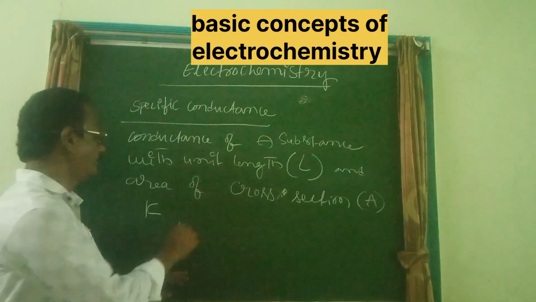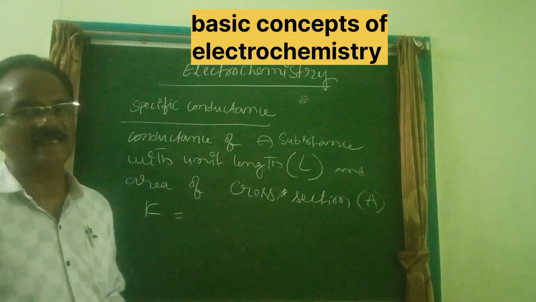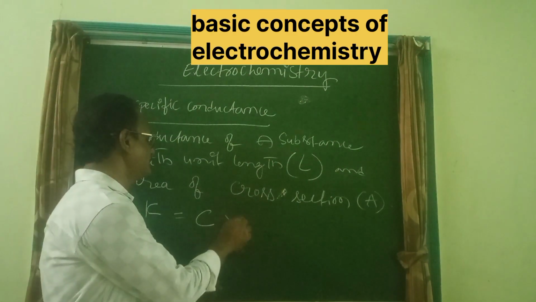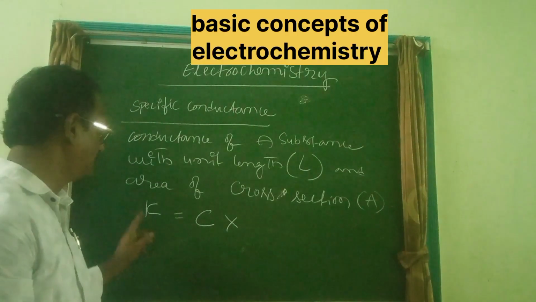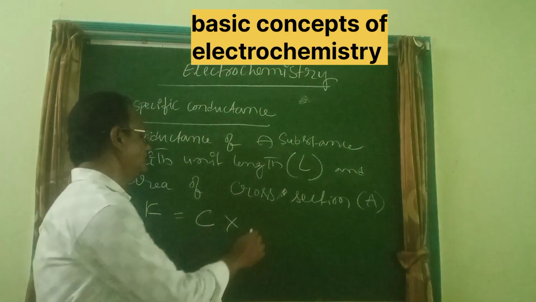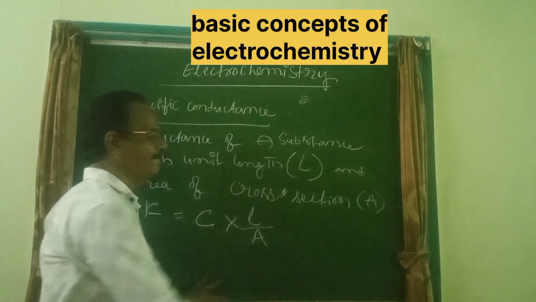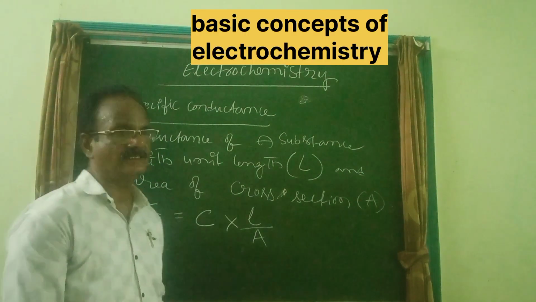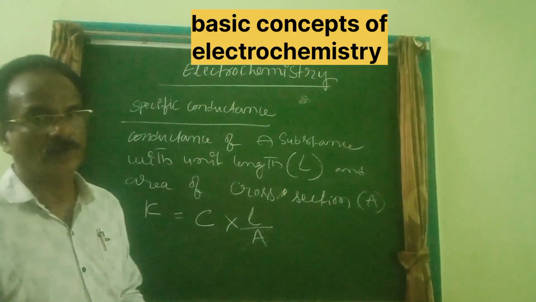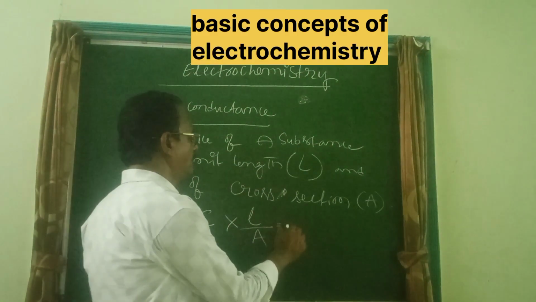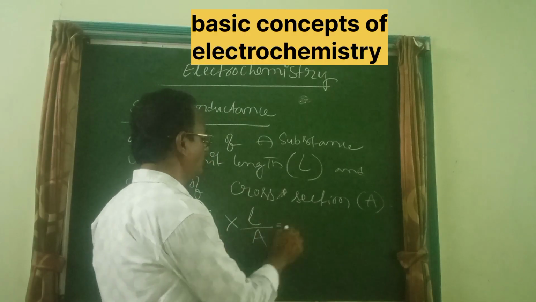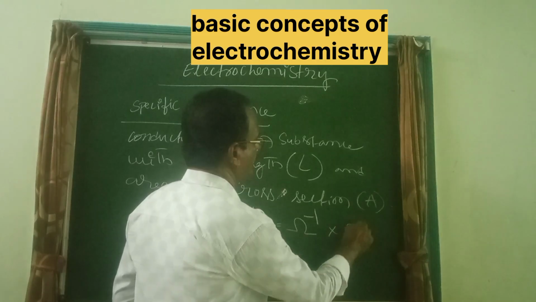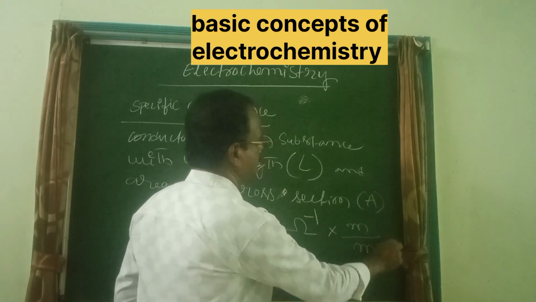If you consider conductance as C, then specific conductance kappa is equal to C into L by A. As we know that the SI unit for conductance is ohm inverse, for C we take ohm inverse and meter by meter square.